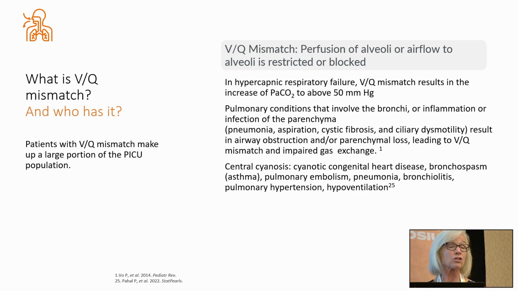Other lung issues that cause VQ mismatch are going to be things that are blocking the air from getting in. So your pneumonias, your restrictive lung diseases, your asthmas, your COPD, all of these things, when there's a restriction of airflow, you're not getting enough air to the alveoli to be absorbed into the bloodstream. Cardiac issues can cause decreased blood flow, decreased perfusion to the lungs, so that you don't have that alveolar gas exchange.